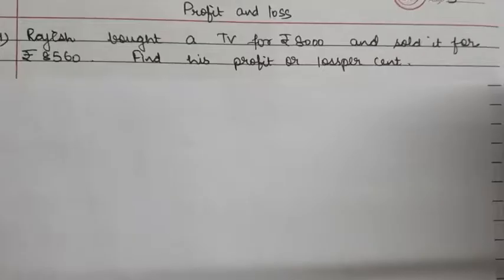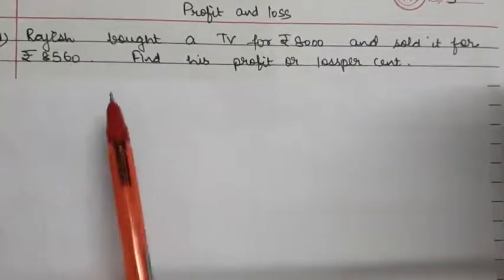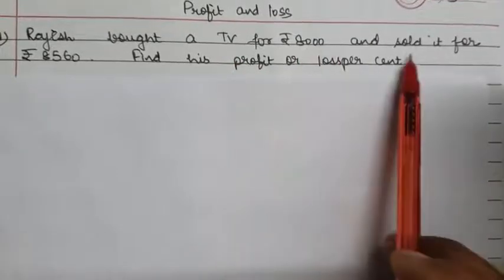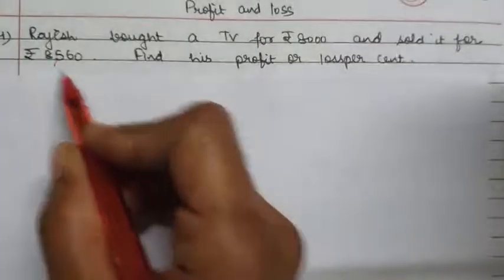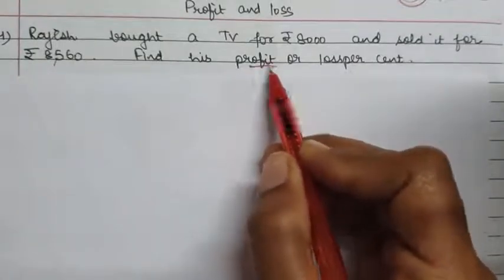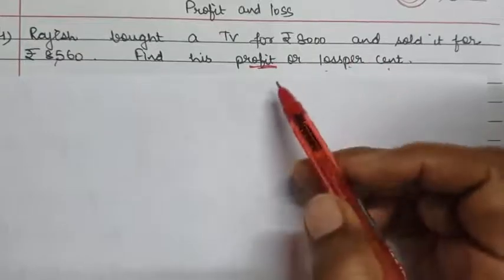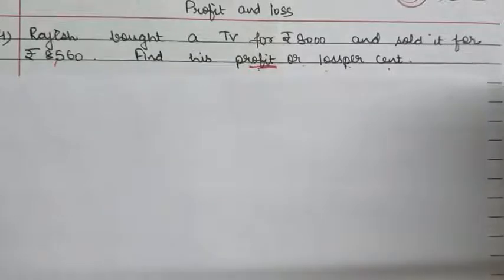Clear? Now the next example is Rajesh bought a TV for rupees 8,000 and sold it for rupees 8,560 rupees. You have to find profit or loss percent. Students, whenever it is asked profit or loss percent, so first of all you have to check whether there will be a profit or loss.